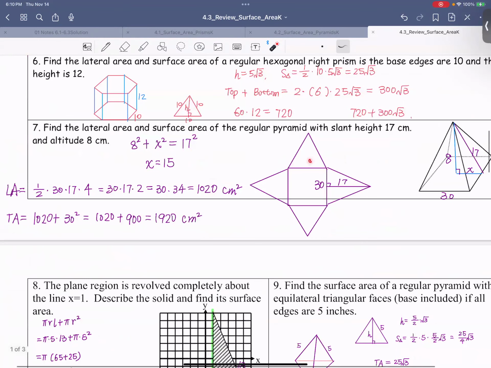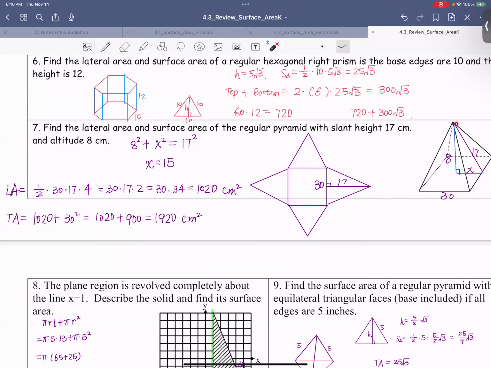Next one. This is the shape of those lunchboxes from the Chinese restaurant, right? And you can see this thing. This is a prism. All the previous ones we were dealing with were prisms. This one is a pyramid. If you have a top which is not the same shape as your bottom, but just a point, this is no longer a prism, it's a pyramid.